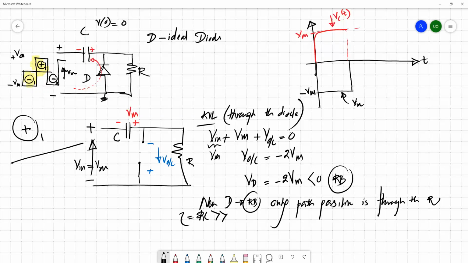So then we can argue that the capacitor never discharges through the resistor, because the RC constant is too high. So this capacitor basically charged up to Vm during this first negative cycle.